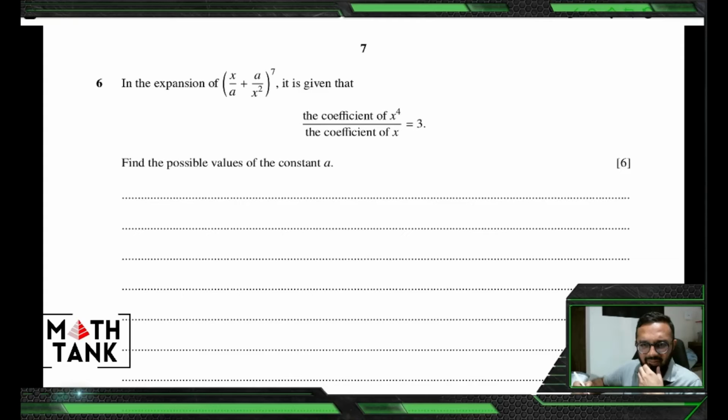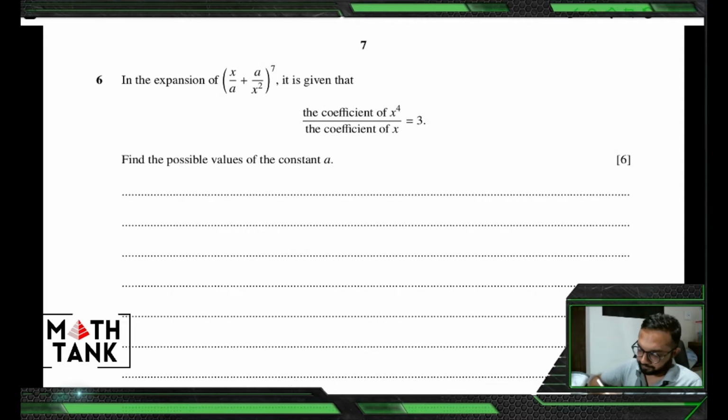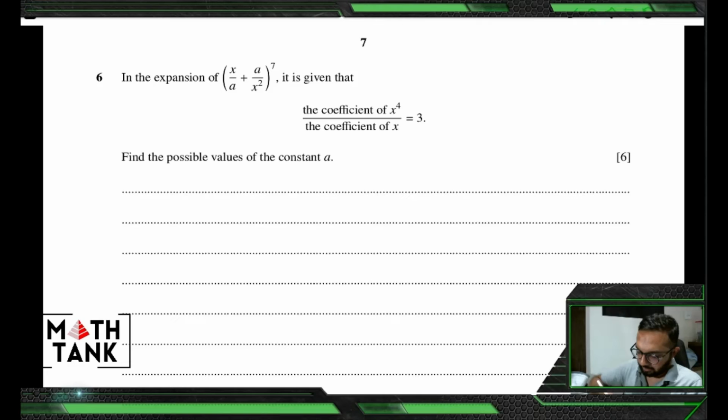I've kept this one because this looked a little confusing, although it's not a very challenging question. It says in the expansion of (x over a plus a over x squared) to the power 7, it is given that the coefficient of x power 4 divided by the coefficient of x equals 3. So coefficient of x power 4. I'm going to first write my formula, 7Cr (x over a) power 7 minus r (a over x squared) power r. That's how I solve binomial questions.